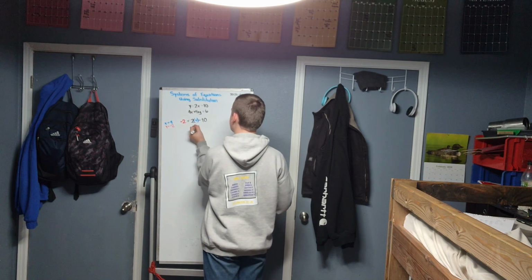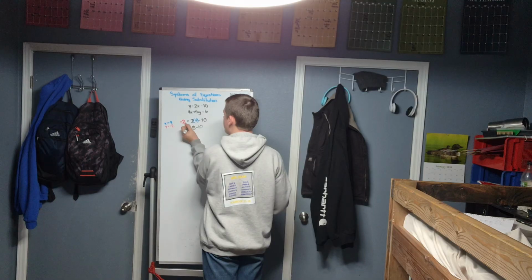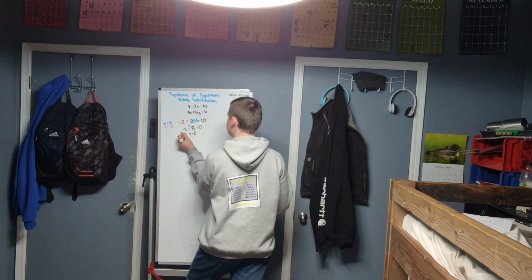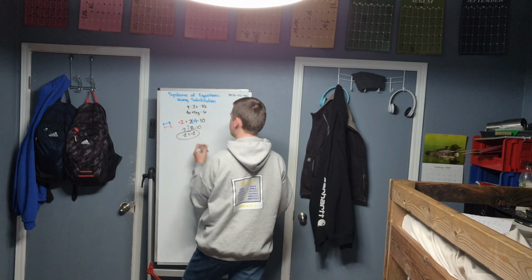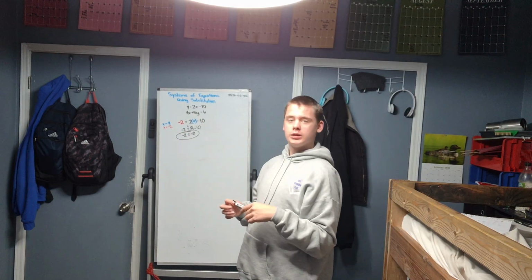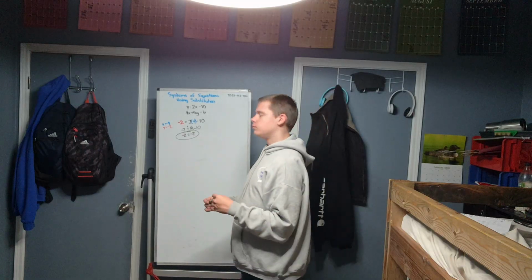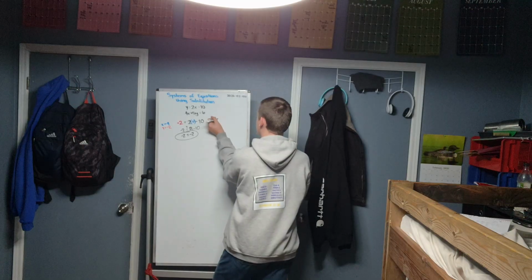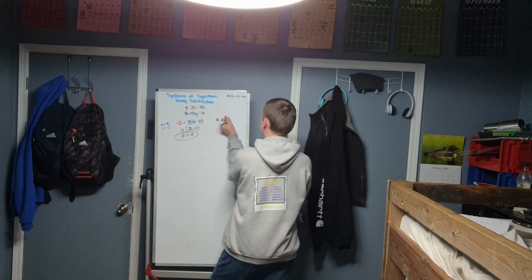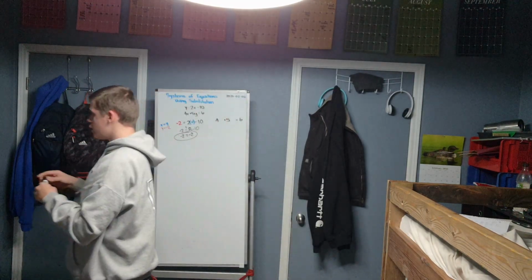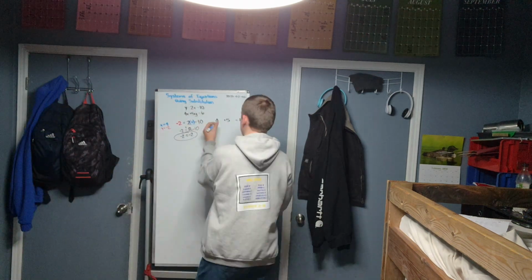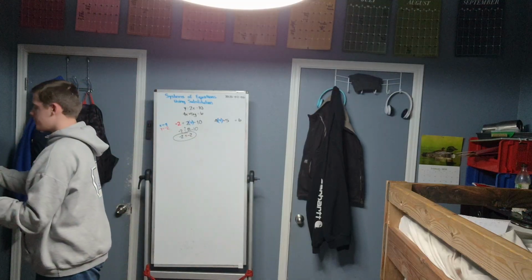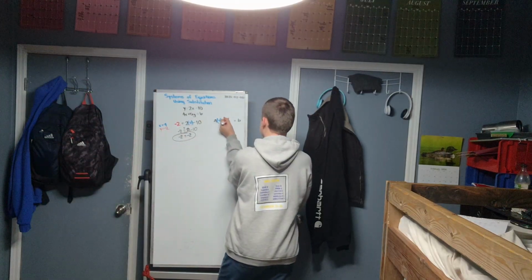So 8 minus 10, would that be negative 2? Well, let's check. 8 minus 10 is negative 2, so negative 2 equals negative 2. Pretty easy, huh? Now we're going to do 4 here plus 5 here.